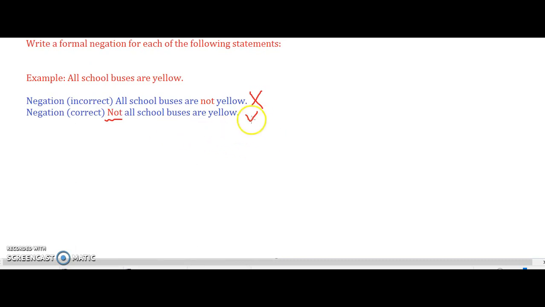If we use symbols to describe this, as we've seen before, all school buses are yellow, the symbols will be: for any school bus X, X is yellow. Now when we do negation, how do we say this correctly?